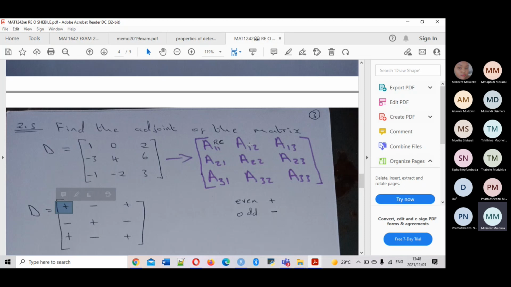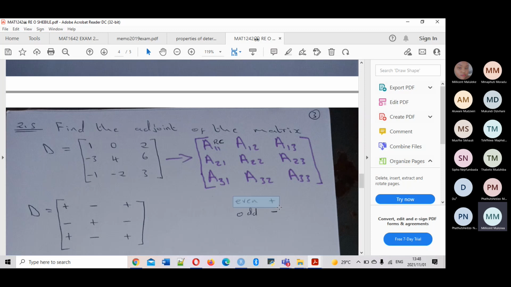So 1 minus 2 is negative here. Sorry, let me check. Actually, we add row and column.